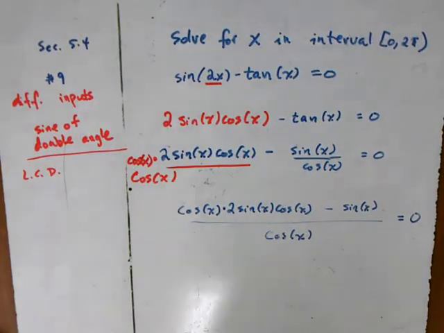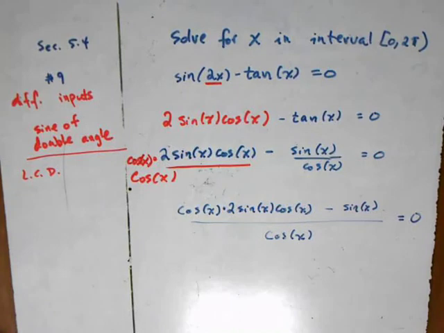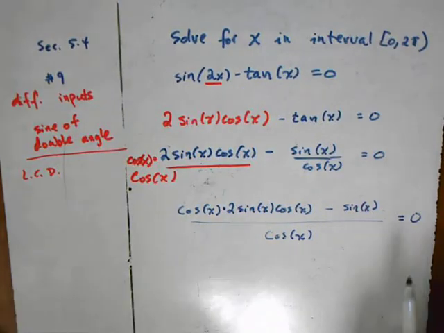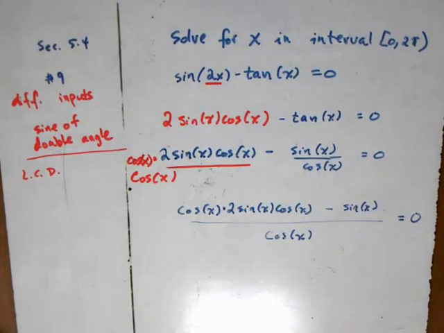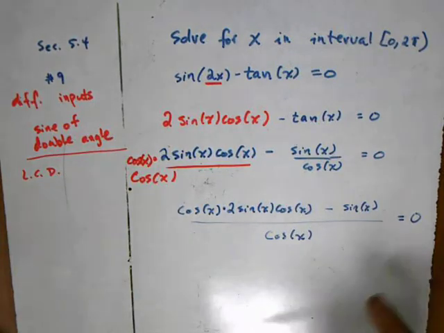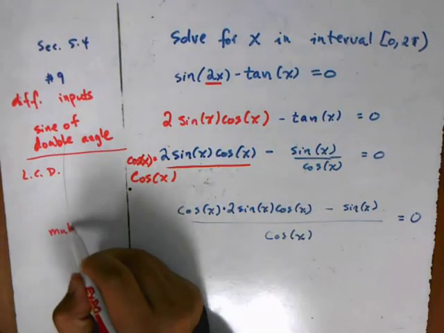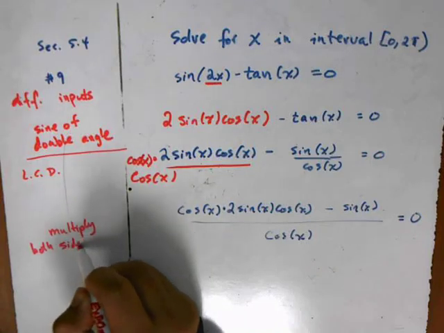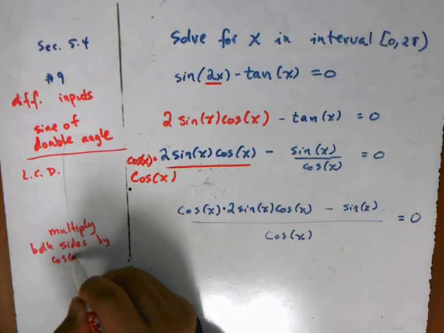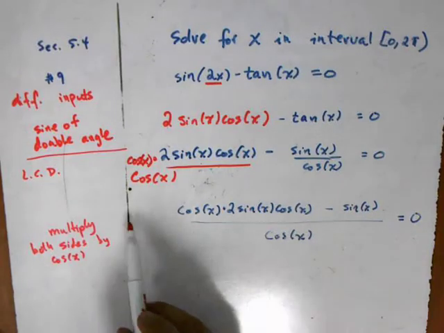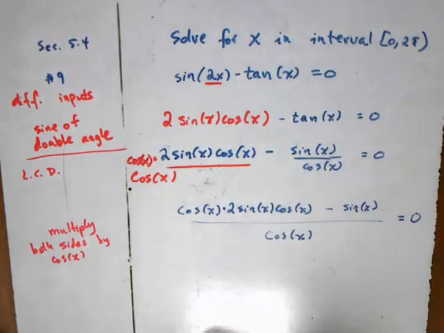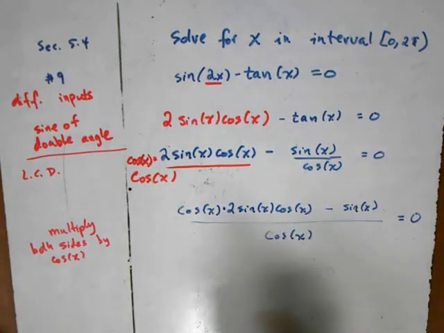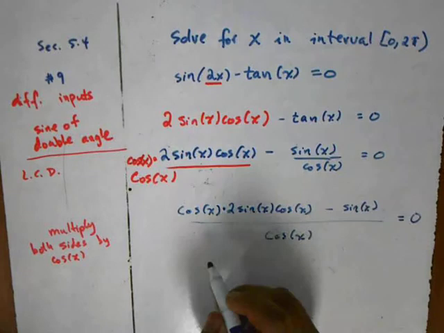Well, now I've got what looks to be quite a bit of a mess, but it shouldn't be too bad, because what I can do next is multiply both sides of this equation by cosine. If I multiply the left side by cosine, the denominator goes away. If I multiply the right side by cosine, nothing happens because this is still 0. So now I'm going to simplify this.